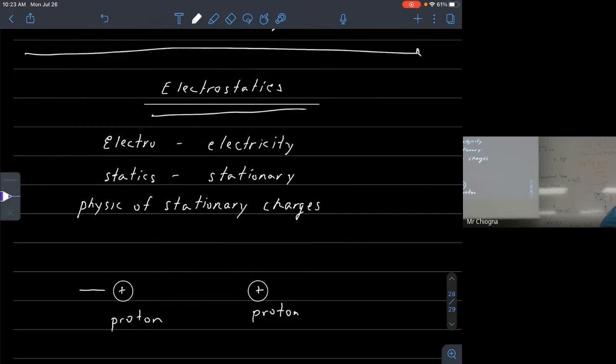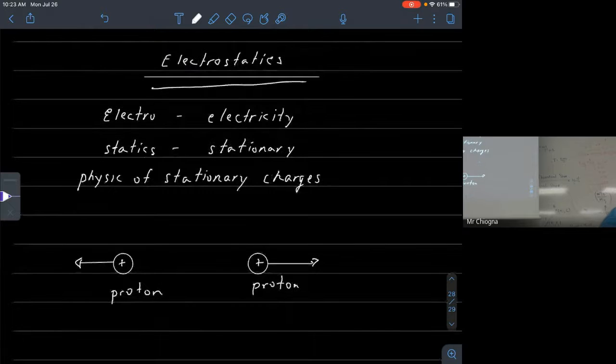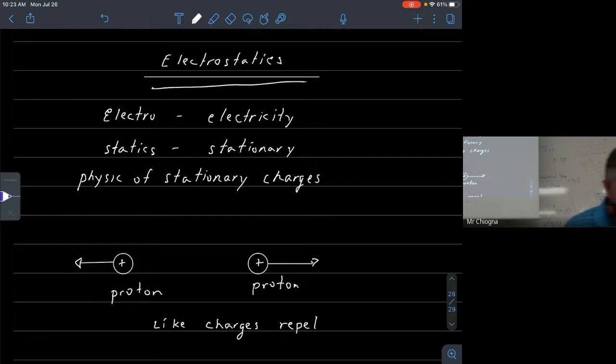Like charges repel. Okay, like charges repel.